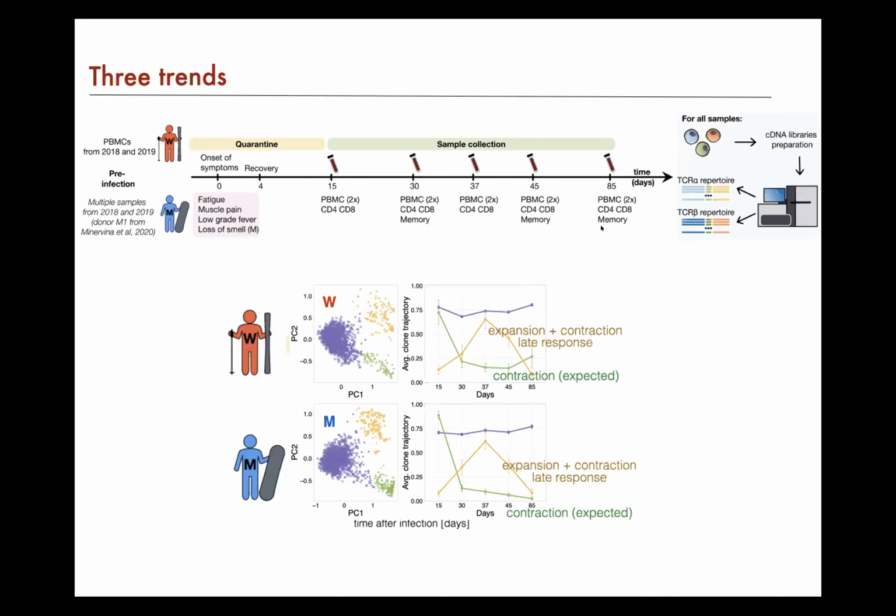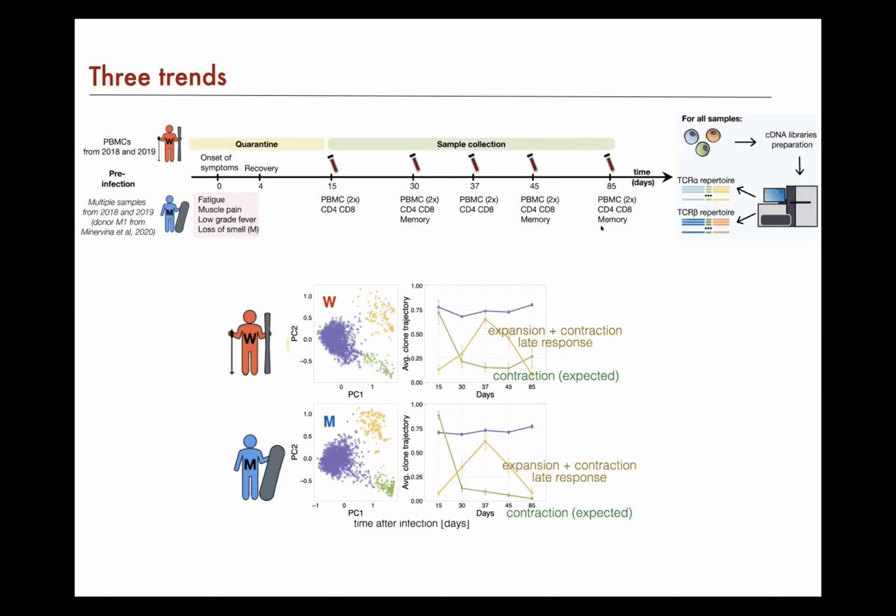So let me start. Our data consists of 2 donors that, a couple of days into quarantine, developed relatively mild symptoms of COVID, and then antibody testing verified that they were indeed COVID-19 positive.